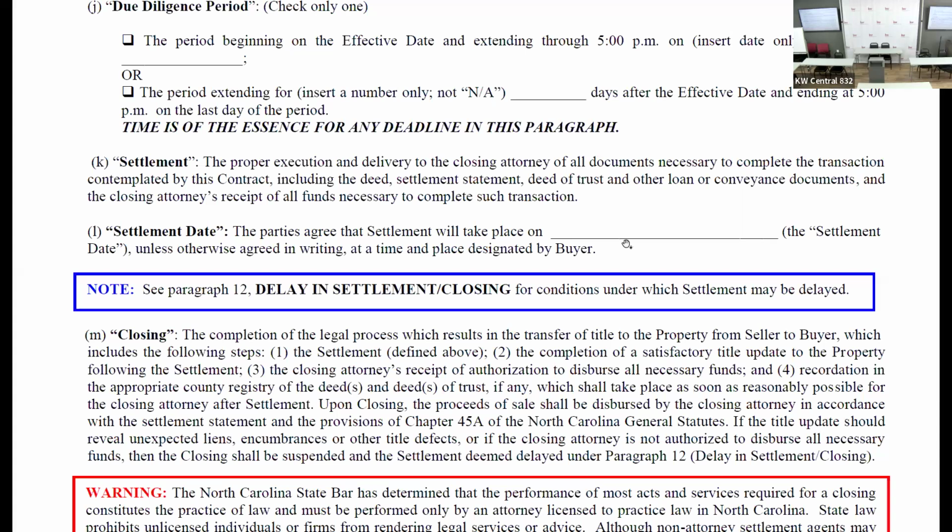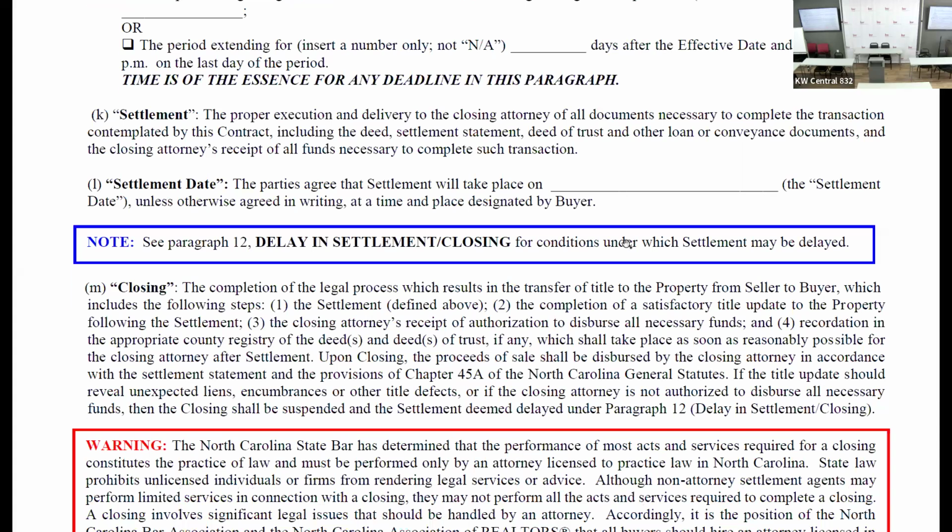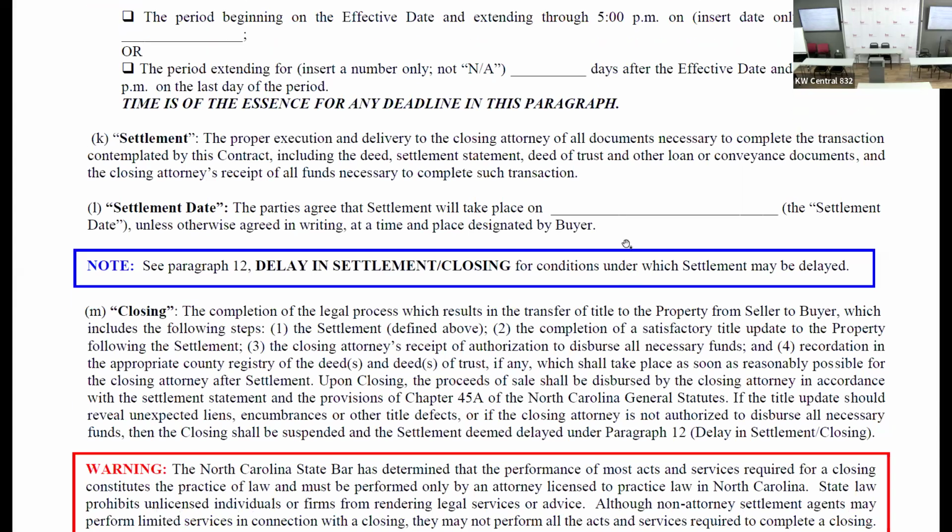And then settlement date, just keep in mind, read the difference between closing and settlement date, because those two are different. Closing is all of the things that have to happen in order to get to settlement date. So closing is a process.